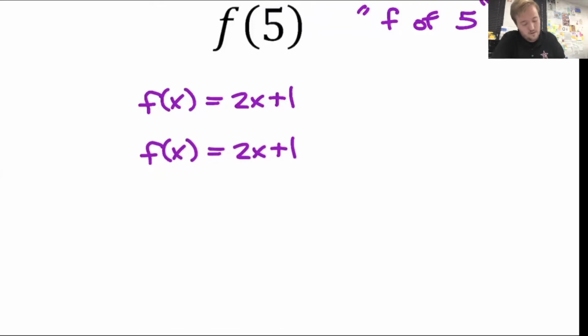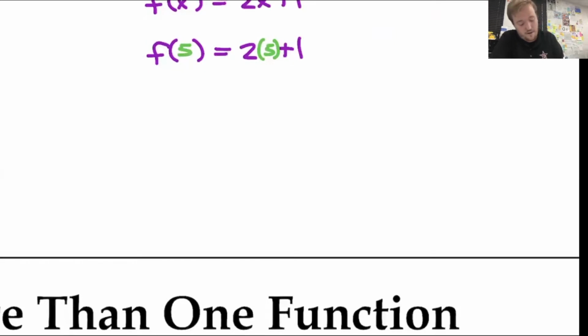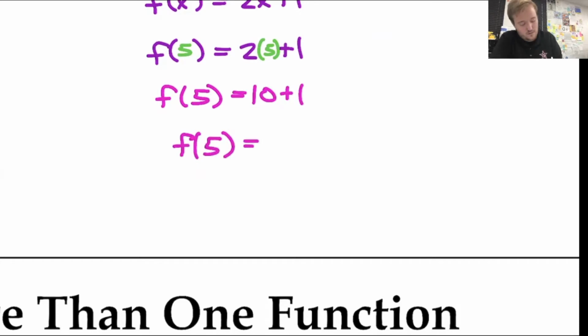So down here, instead of those x values, now I'm going to write 5. Okay, so I have f of 5 equal to 2 times 5, which is 10, plus 1, which is equal to 11.